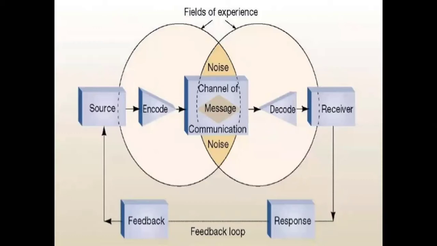First of all, before starting the elements of communication, I review the process of communication. Recall: source means sender. Using some letters, symbols, or pictures, the source or sender encodes the message.